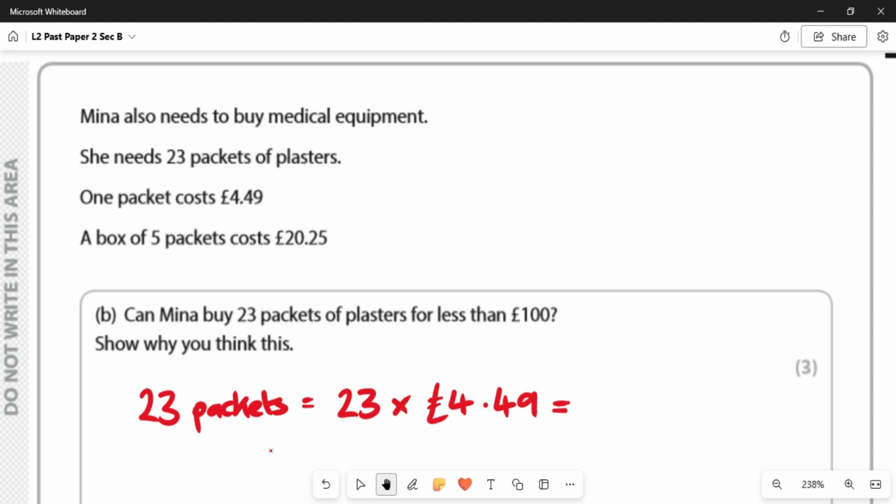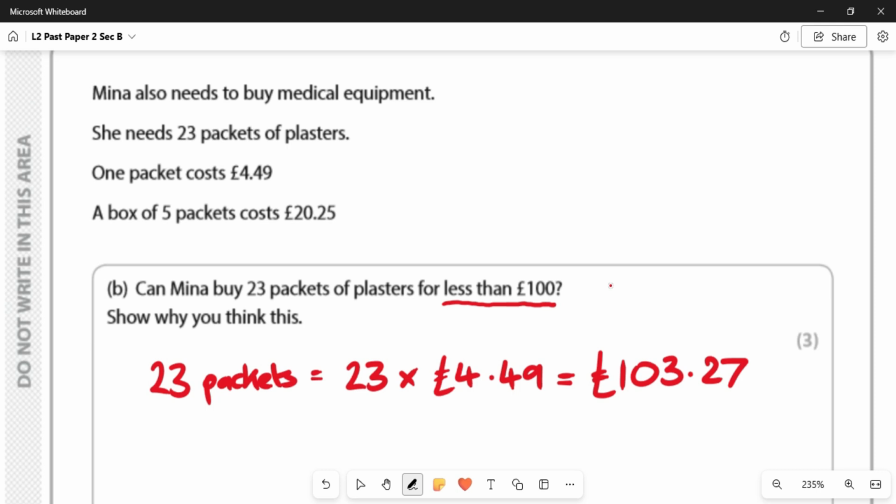Let's just double check. So 23 times 4.49. Yeah, so I get £103.27. So definitely can't do it this way. So you're going to have to use this special offer. A box of 5 packets costs £20.25.